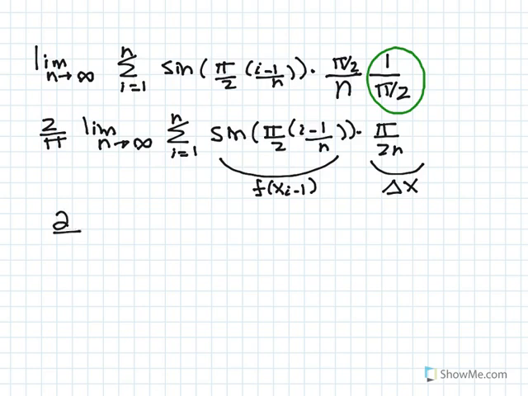So we can now turn it into a definite integral: 2 over pi, integral from 0 to pi over 2, sine x dx. So let's rewrite that.